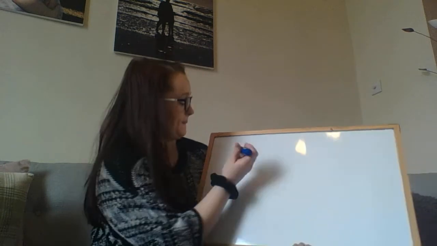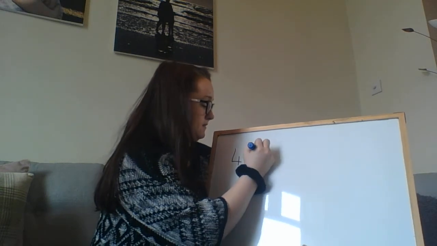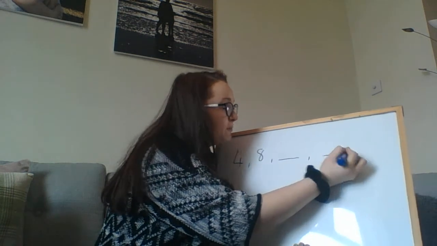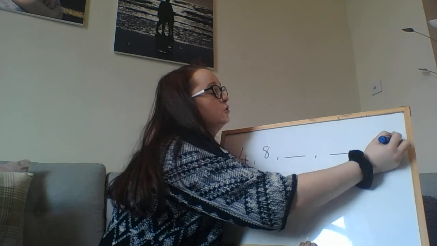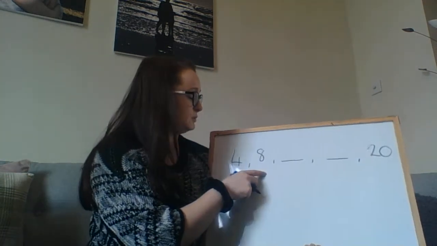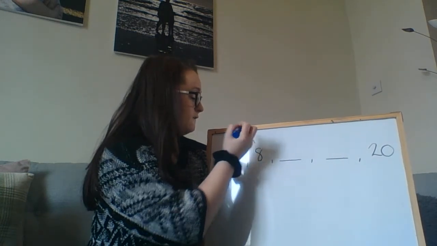Right, let's give it a dry. Let's try another one. 4, 8, missing number, another missing number, 20. So if we look at it, we see the 2 numbers together, so we know that they're going up in 4.